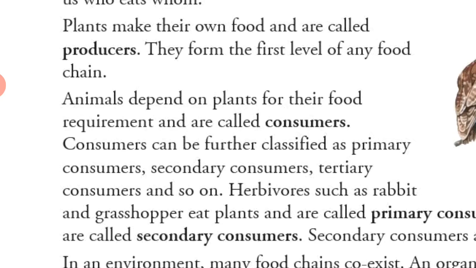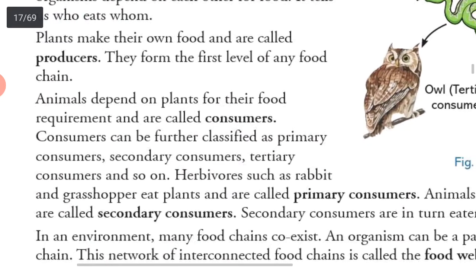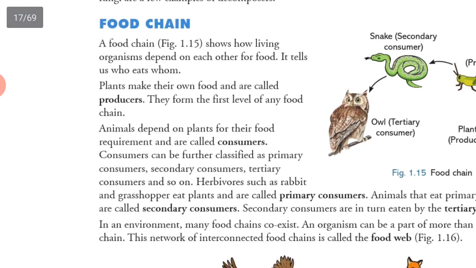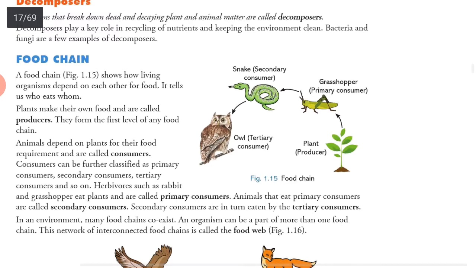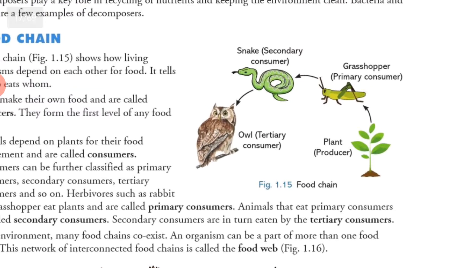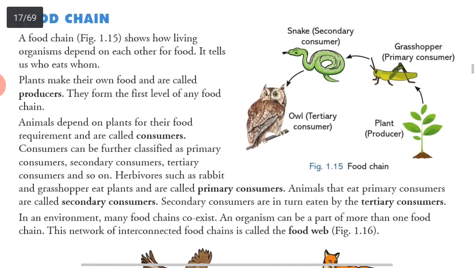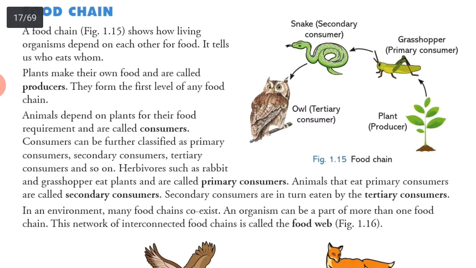Herbivores such as rabbits and grasshoppers eat plants and are called primary consumers. Animals that eat primary consumers are known as secondary consumers. Secondary consumers are in turn eaten by tertiary consumers.